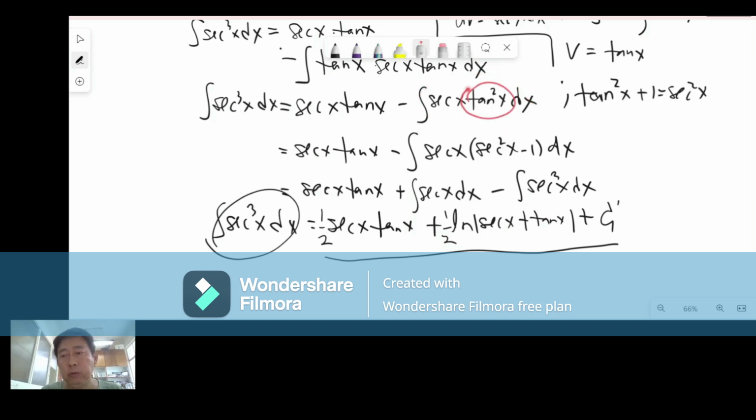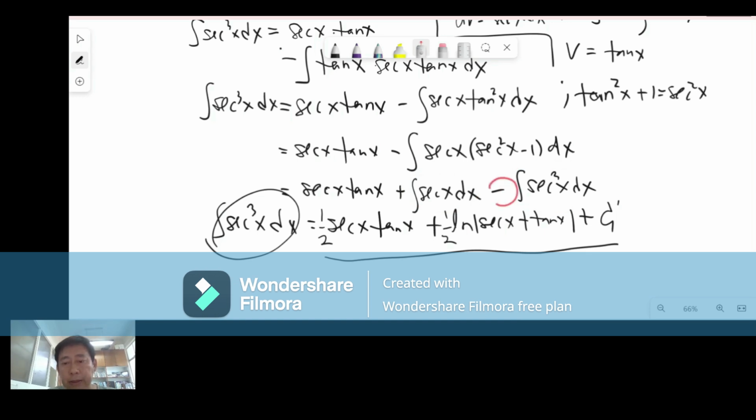At this point, you then have to translate tangent square x into an expression of secant x using the identity, so that this integration is expressed as a product that involves only secant x. The substitution of the identity into this integration results in the integration of secant x and minus secant x cubed.